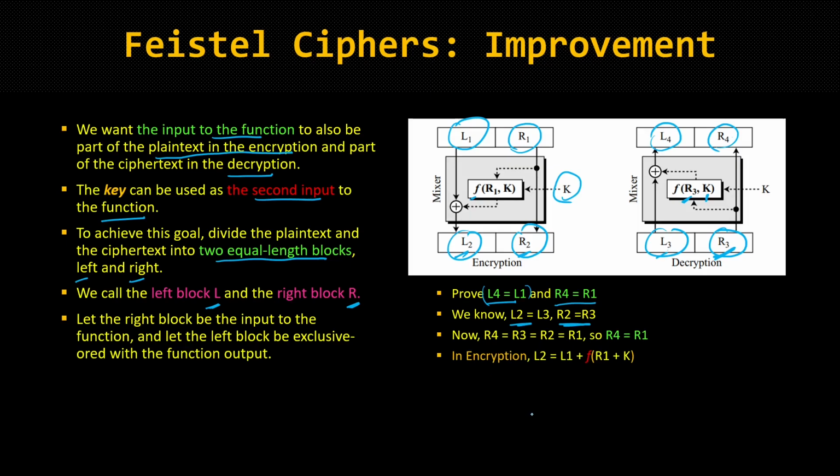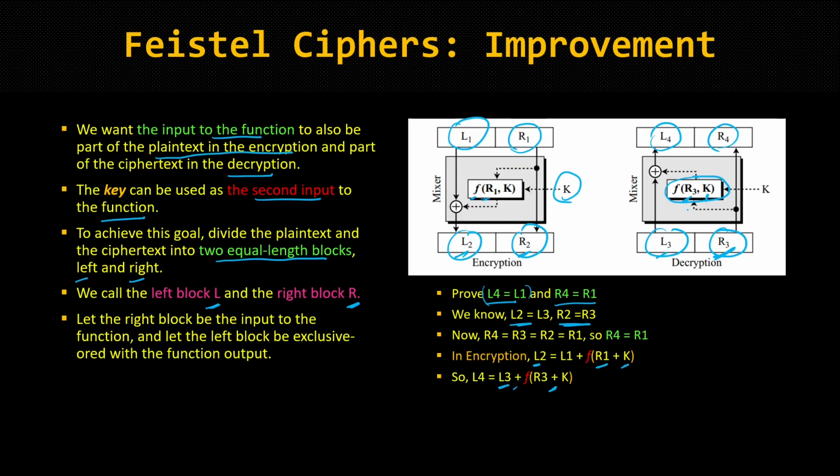Firstly, in our encryption process, L2 is achieved after L1 is exclusive XORed with the non-invertible component, which accepts R1 and K as input. So in order to prove L4 equals L1, we see that L4 is achieved through L3, which is exclusive XORed with the non-invertible component, which accepts R3 and K as input.